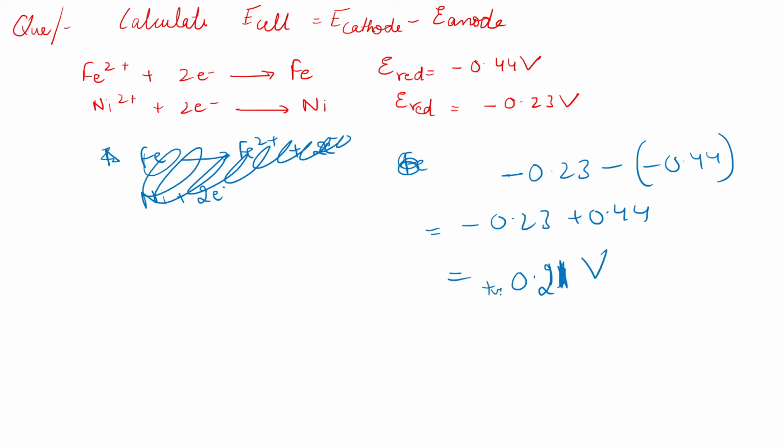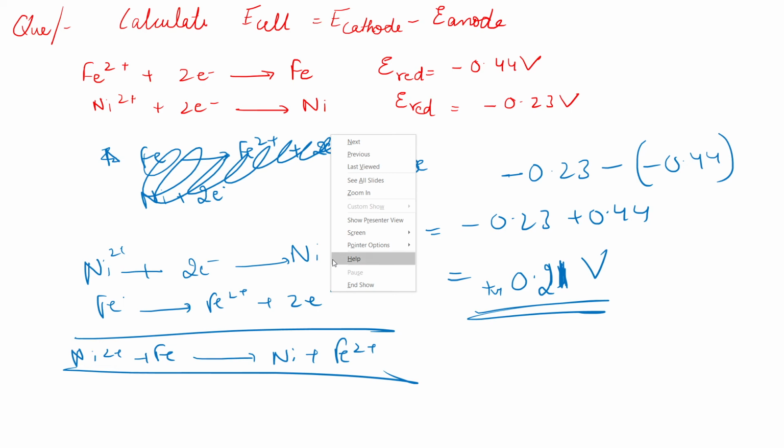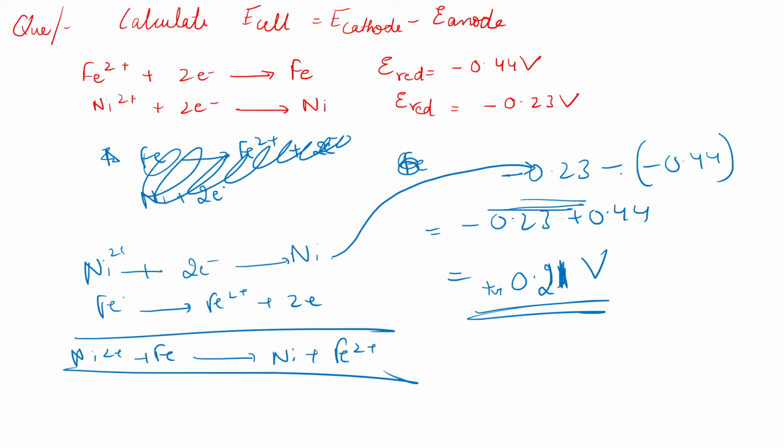That is positive. So how are we supposed to guess this? We are supposed to get this if we take E cathode as nickel 2 plus plus 2 electrons giving nickel, while E anode is iron getting into iron 2 plus plus 2 electrons: nickel 2 plus plus iron giving nickel plus iron 2 plus.